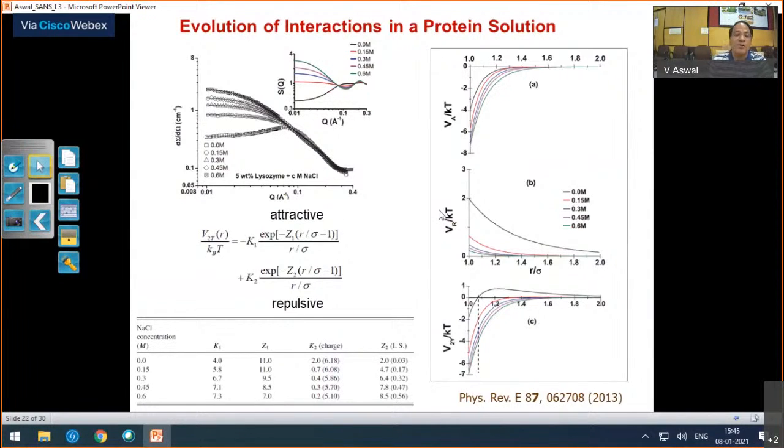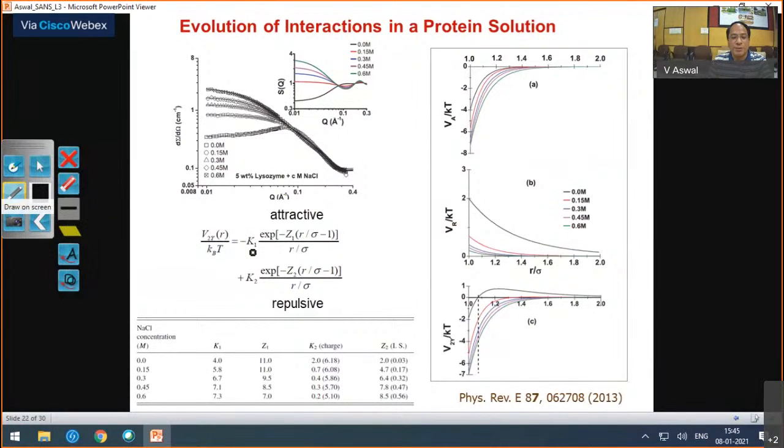So how do you fit? Now you have two interactions: one is a repulsive part and one is an attractive part. So you can assume a potential like this, which has an attractive part and a repulsive part. And for both of these potentials, you have two parameters: K1 and Z1 for the attractive part, and K2 and Z2 for the repulsive part.